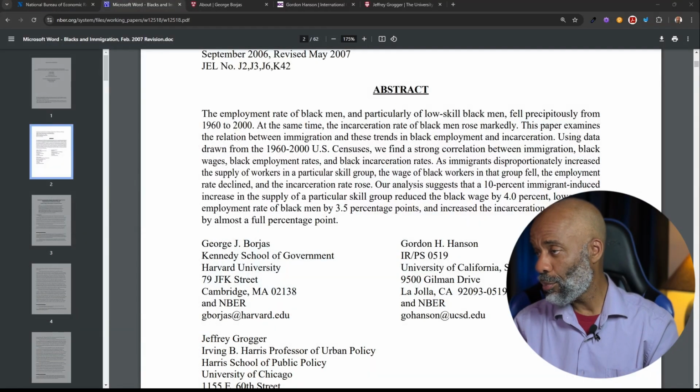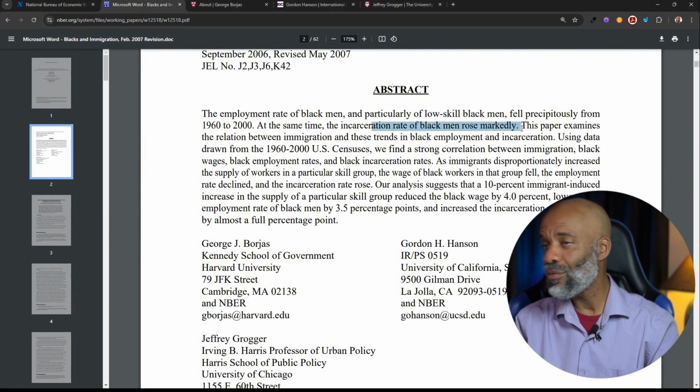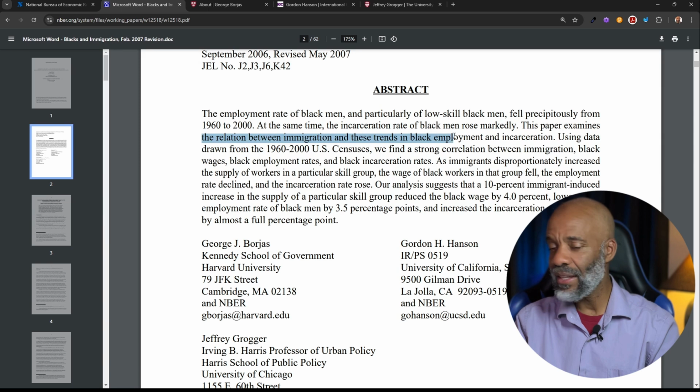Let's go back to the report. It fell between these years. At the same time, the incarceration rate of black men rose markedly. This paper examines the relation between immigration and these trends in black employment and incarceration, using data drawn from the 1960 to 2000 censuses.